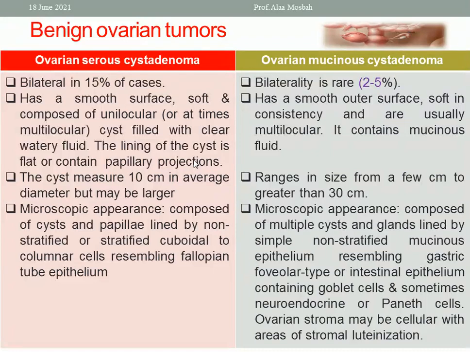The size may range from a few centimeters to more than 30 centimeters, so it can reach a huge size. Microscopic appearance is composed of multiple cysts and glands lined by simple non-stratified mucinous epithelium resembling gastric foveolar type or intestinal epithelium containing goblet cells, and sometimes neuroendocrine or Paneth cells. And ovarian stroma may be cellular with areas of stromal luteinization.